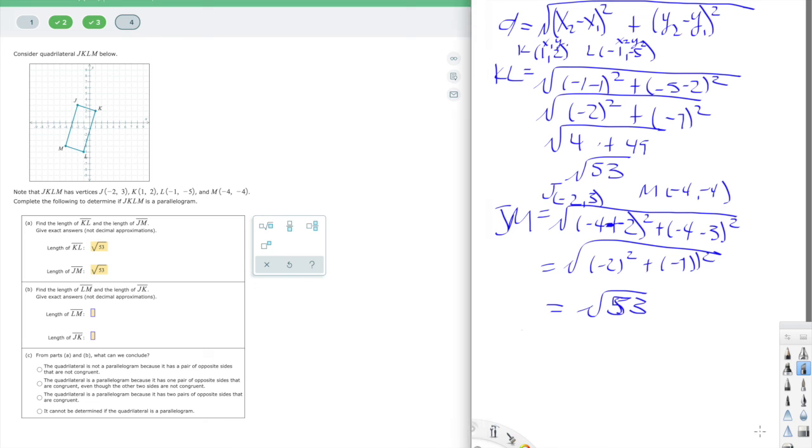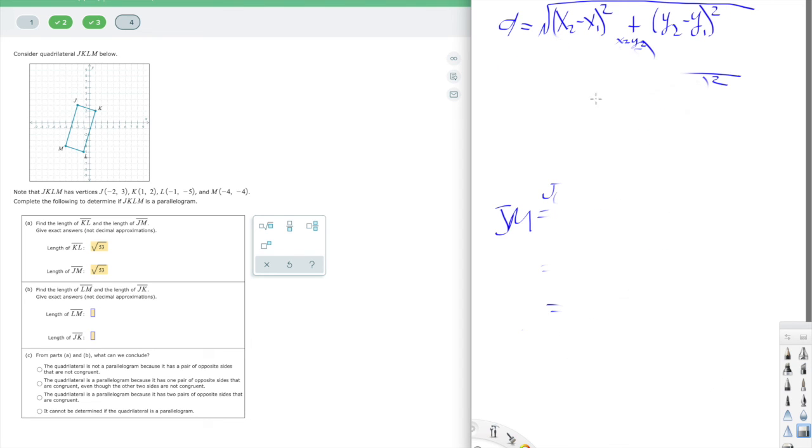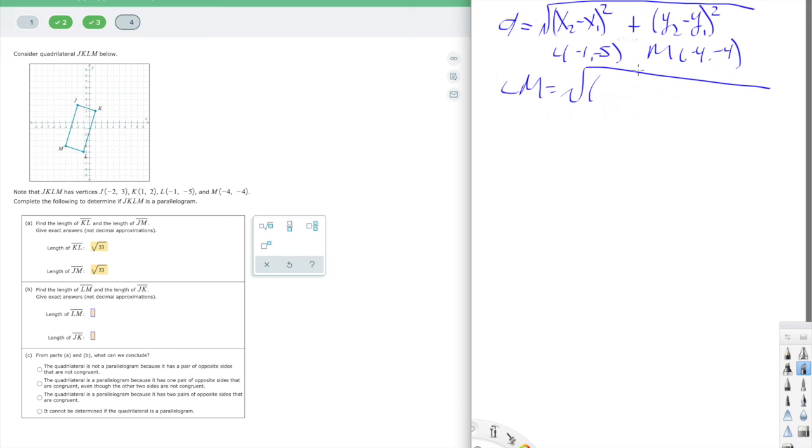All right, I'm going to erase some of this just so I have more room. And I'm going to have LM. So L was -1, -5, and M was -4, -4. All right, so we're going to have -4 minus -1 plus -4 minus -5.